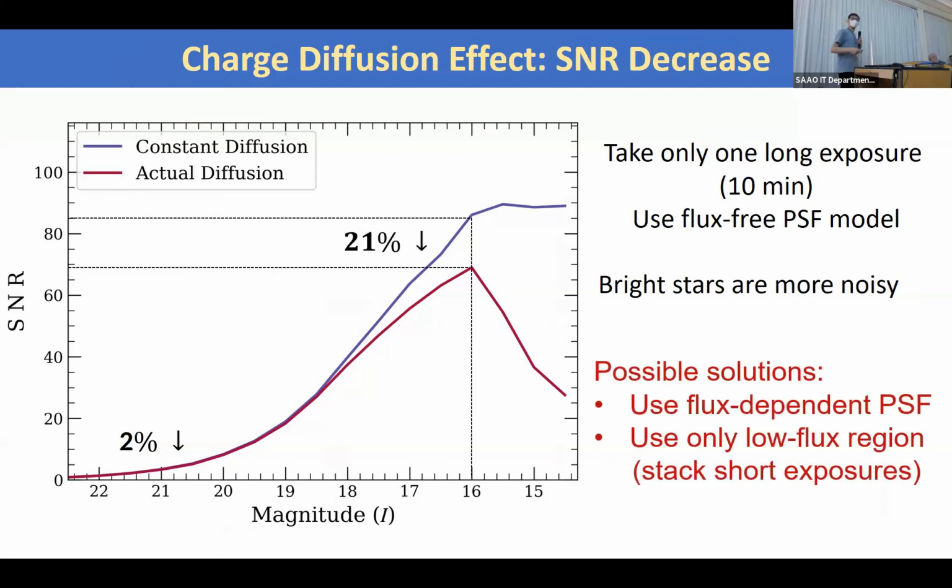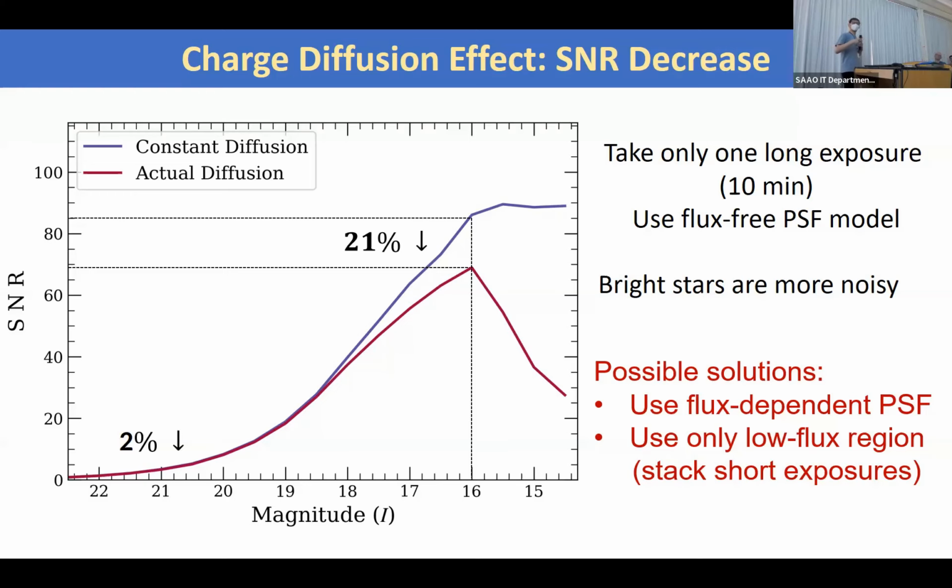So there are a few possible solutions. The first is we can use a flux dependent PSF model. To some degree, this relation between faint PSF and bright PSF is known because we have already measured the correlation matrix.